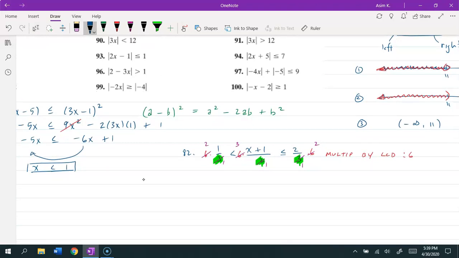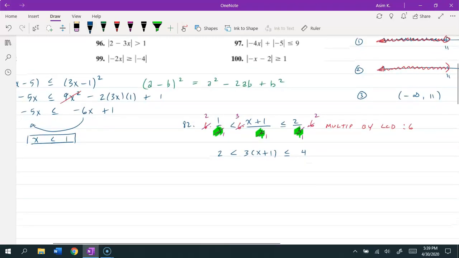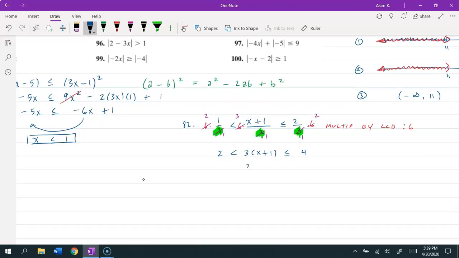Here's what you'll have. On the left hand side, you'll have 2, then you'll have 3 times x plus 1, and then less than or equal to 2 times 2, which is 4. Now you can go ahead and expand the inner part of the parentheses, so 3x plus 3, less than or equal to 4.